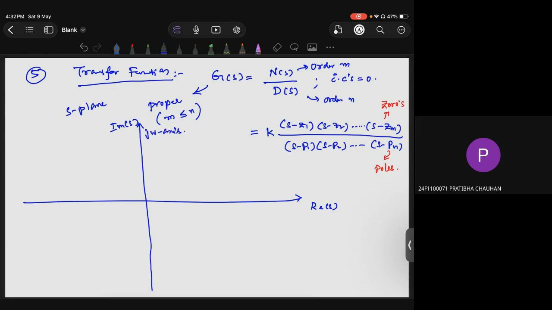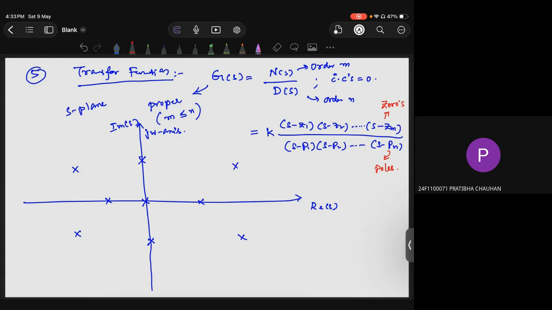Basically, we define the stability or behavior majorly with the pole locations. We show the poles with cross marks and zeros with circles. Let's take poles at different locations, here, here, here, and different configurations.